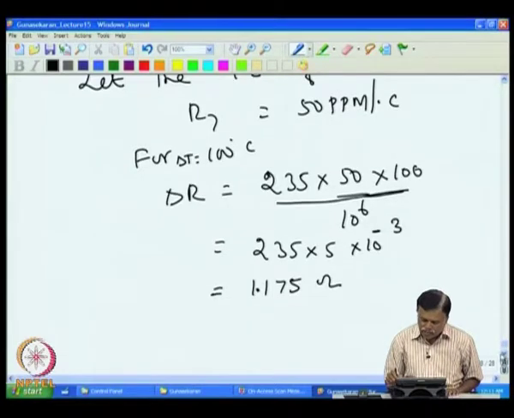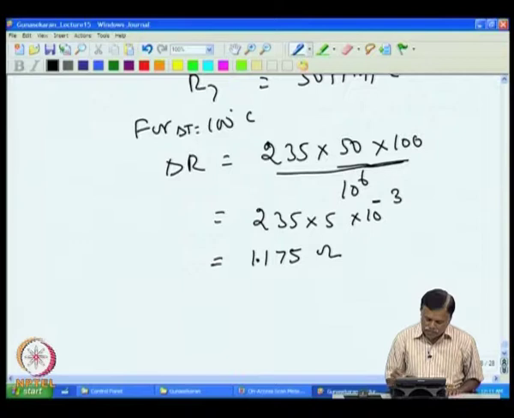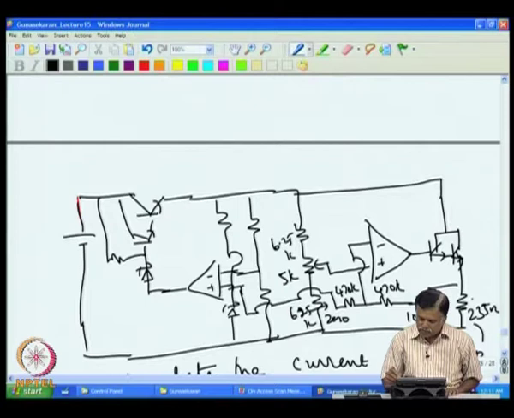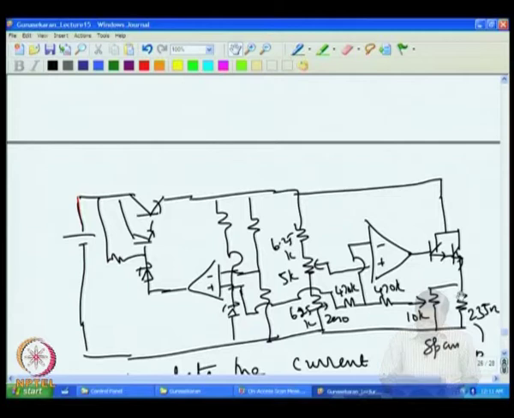So, what is the corresponding current change? If the resistance in this case goes up, then this voltage will go up, and then automatically the current has to come down, because if this voltage goes up, this voltage will come down, so the current has to come down such that the original value is maintained.